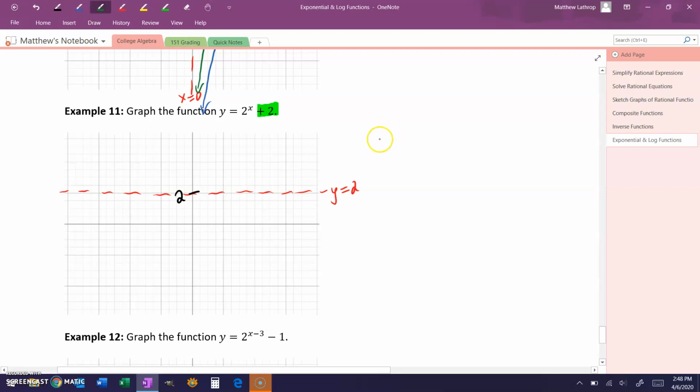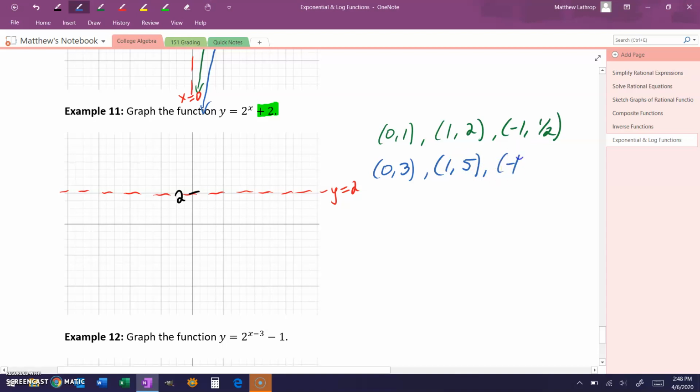That also means that our graph that normally would have passed through (0, 1), (1, 2), and (-1, 1/2). Now all of those y coordinates are being increased by 1, so now our graph is going to be passing through (0, 3), (1, 5), and actually, sorry, let me go back.